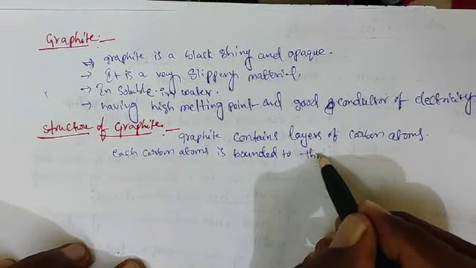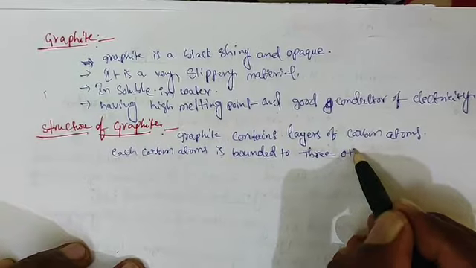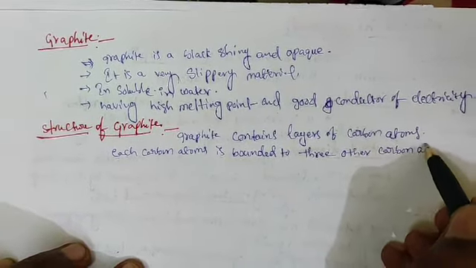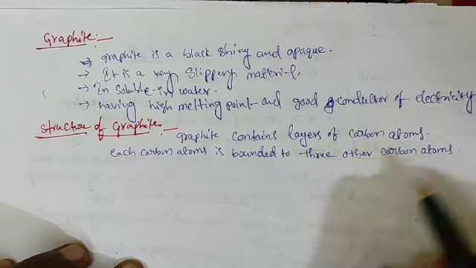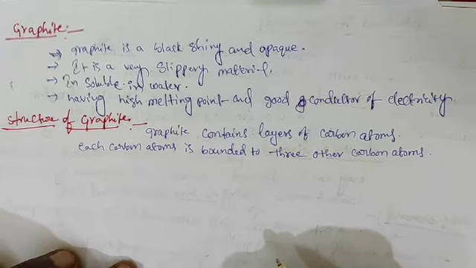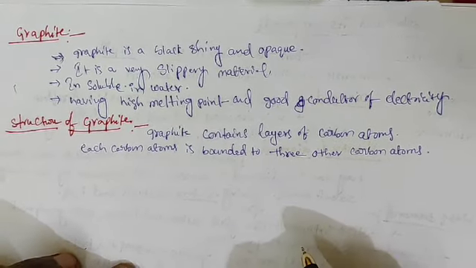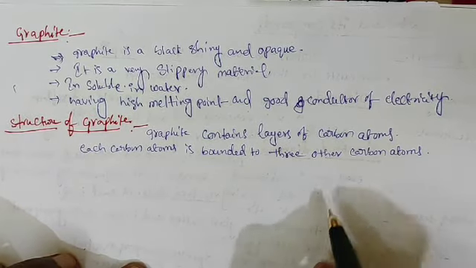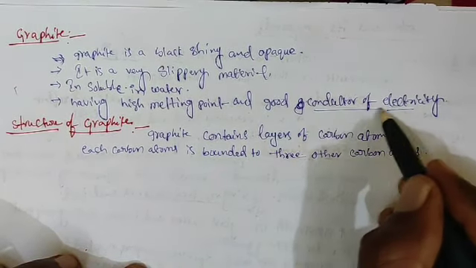How many? Three other carbon atoms. So each carbon atom is bonded to three other carbon atoms means one free electron is there, right? One free electron is there. That's why it is a good conductor of electricity.